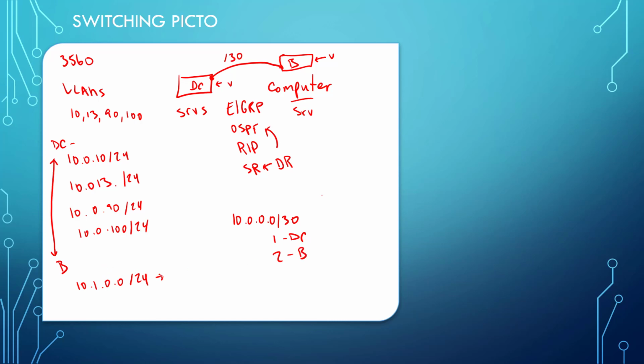The next hop here will be 10.0.0.1. The next hop for DC to get to the branch will be 10.0.0.2, and they'll be able to route between one another. We'll get into some more of this dynamic routing and more expansive stuff in some of my later Cisco or Juniper videos, so we'll check that later.